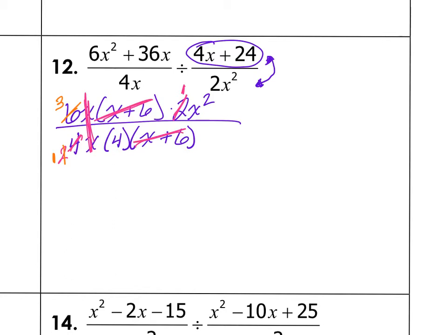And I think that about does it. So what is left in our numerator? It looks like I have 3x squared. And in the denominator, it looks like I have a 4. So 3x squared divided by 4. Okay? Beautiful. Okay, so let's go ahead and move on.